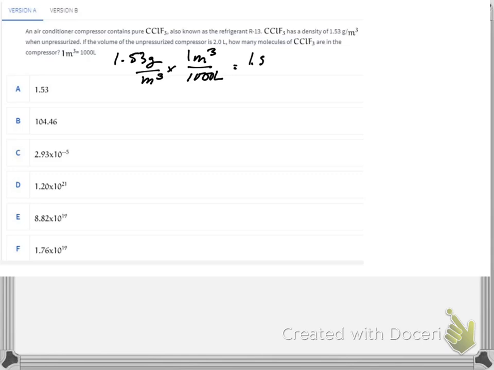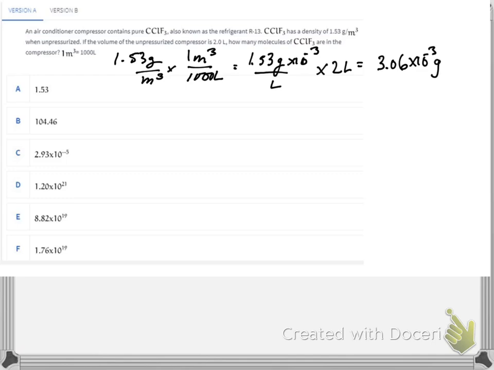If we do that, we get 1.53 grams per liter, and it also has times 10 to the minus 3 because we're dividing by 1,000. And then it says we don't have just 1 liter, we have 2 liters. So if we multiply by 2 liters, in the end we get the total number of grams is 3.06 times 10 to the minus 3 grams.